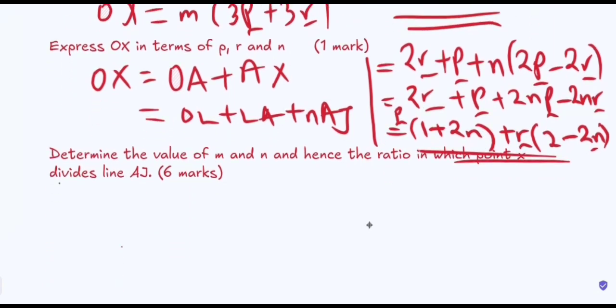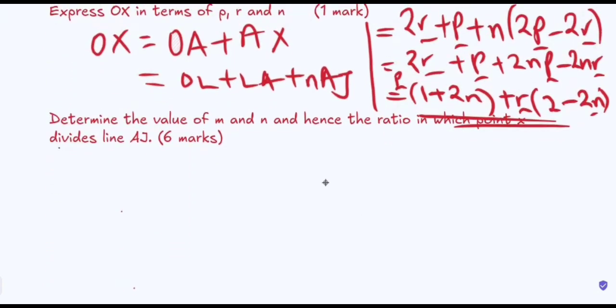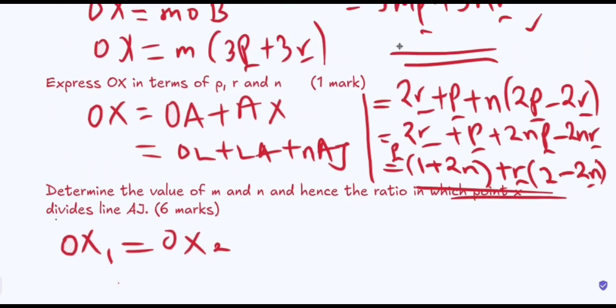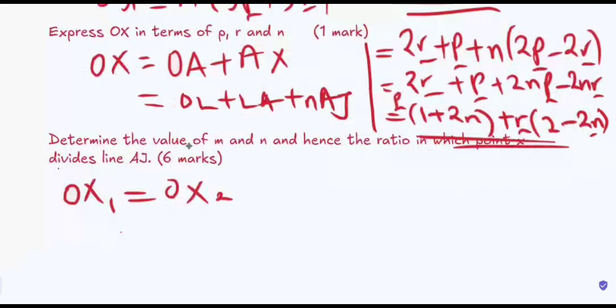Sawa. Swali la mwisho sasa. Determine the value of m and n and hence the ratio in which point x divides line AJ. Sawa. So tuko na OX mbili. So you take OX 1 equal to OX 2 ndo to equate. Sawa, ndo itakusaidia yani kupata m and n na also the ratio. So OX ya kwanza tulipata hapa ni 3mp plus 3mr.